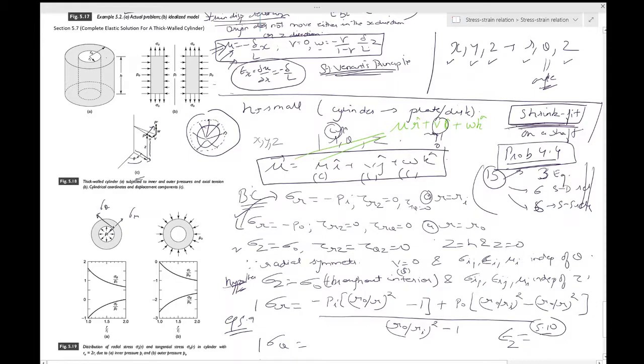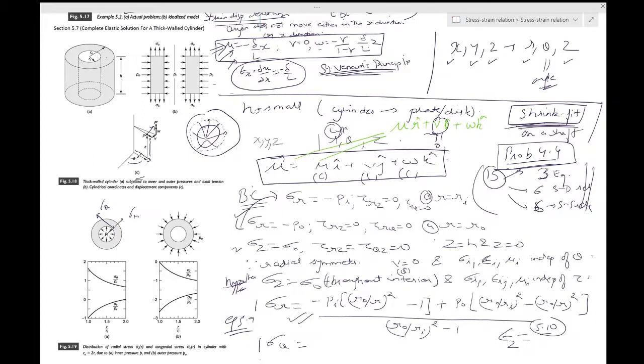At any given r and theta, you have taken your answer to be independent of theta. That's why you don't see a theta in this expression, even for sigma theta, because you started off by taking it to be independent of theta.